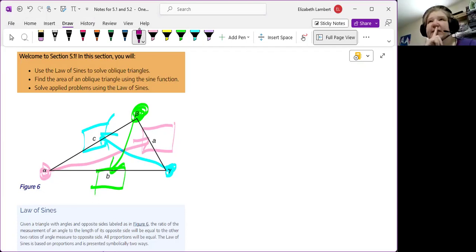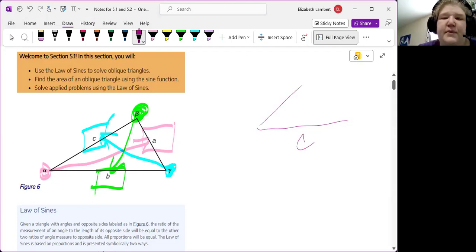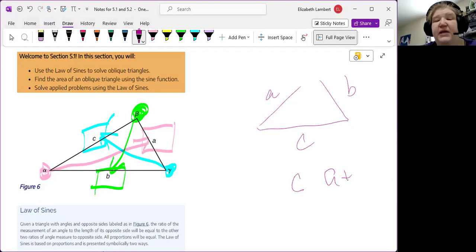Another thing to note is that when you are looking at the sides of a triangle, let's say I have this C side, and I have A and B. In order for these to make a triangle, C must be smaller than A plus B. All right, so if A is 1 and B is 2, C can't be 5.